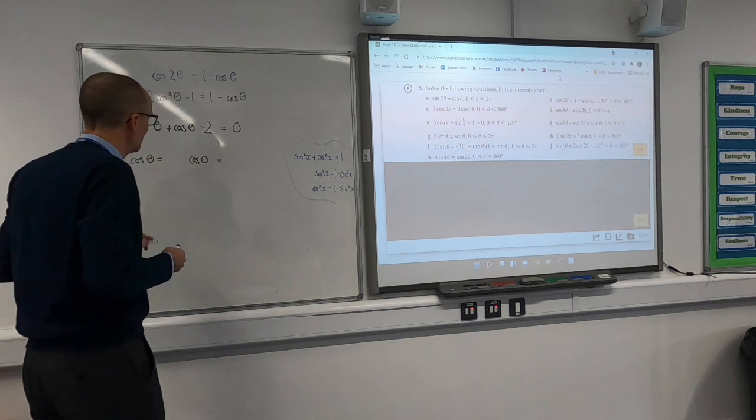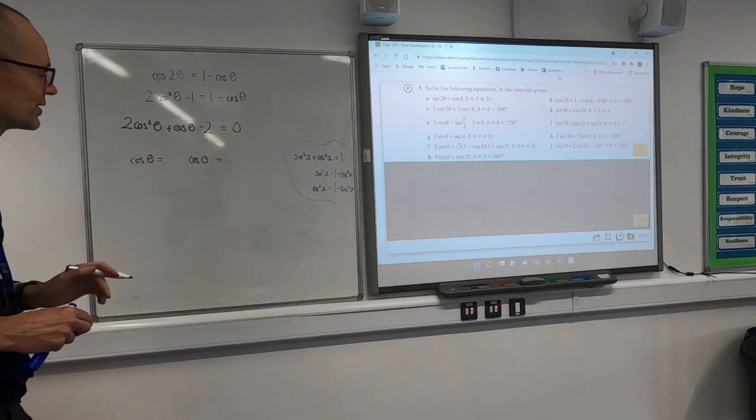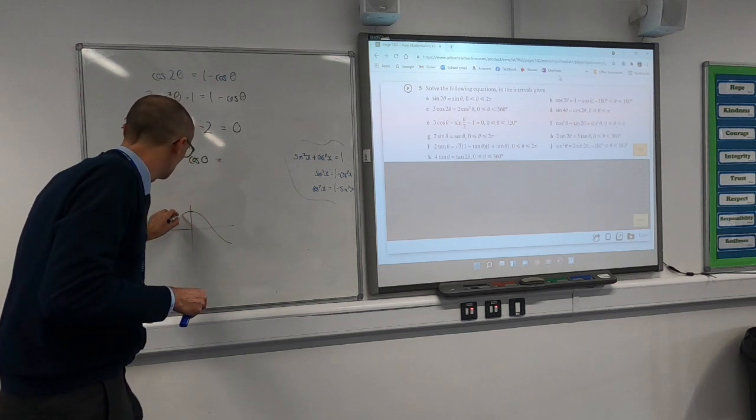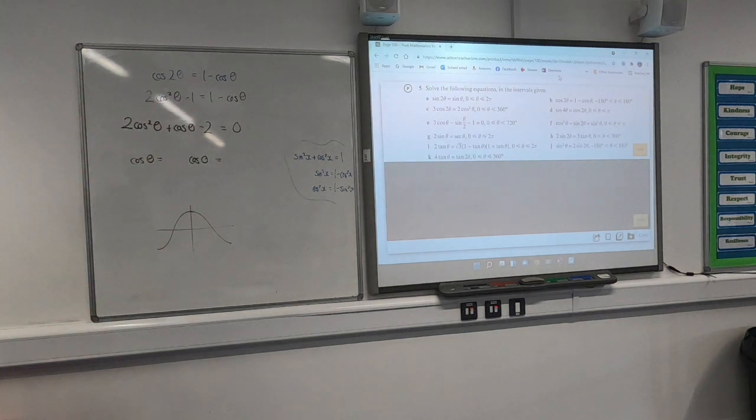They'll be cos theta solutions, and we're asked to solve this in the range minus 180 to plus 180, which is that range there.